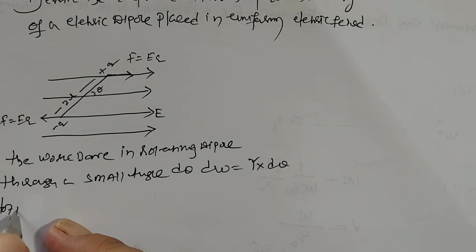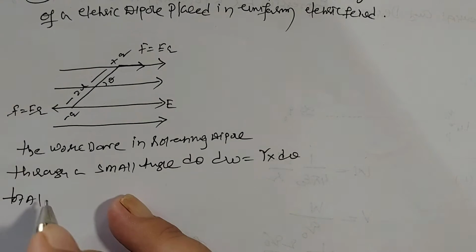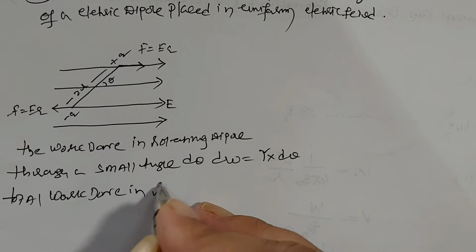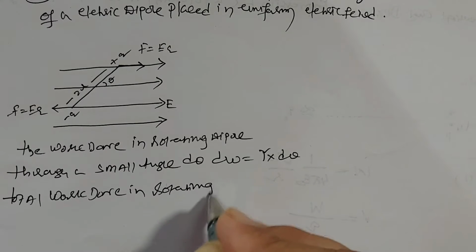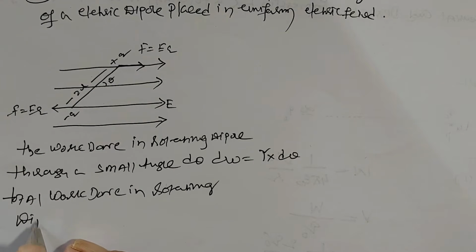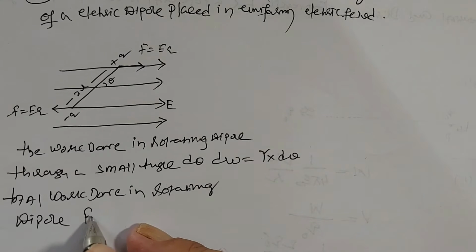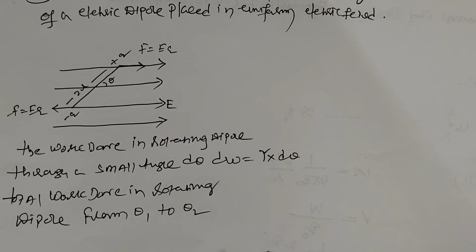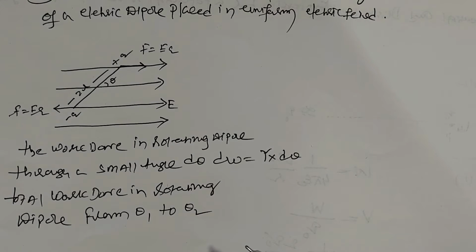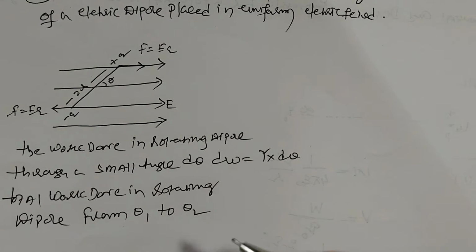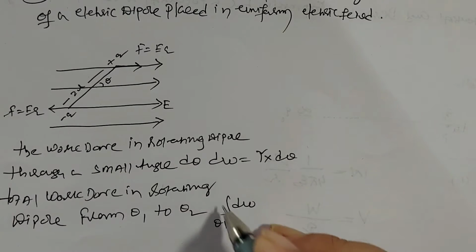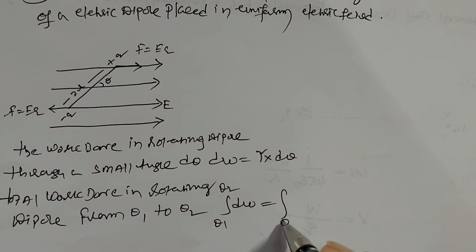Total work done in rotating the dipole from initial position theta 1 to final position theta 2. Whenever we find total work done, we have to integrate this equation: integration of dW from theta 1 to theta 2 is equal to integration from theta 1 to theta 2 of torque into d theta.